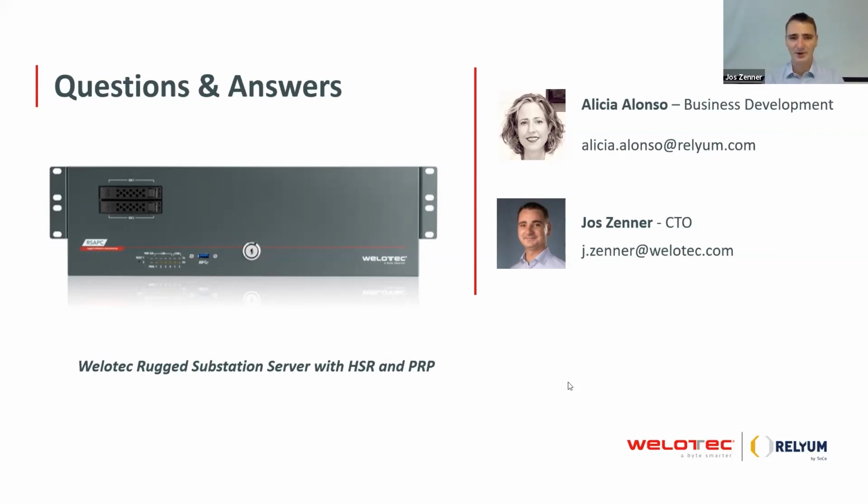Okay, one more. Is it possible to use one physical switch in the PRP network, just dividing it into 2 virtual ones for A and B networks by using VLAN? No, the basis of PRP is to have completely separated networks. When I was talking about HSR, I said that redundancy has to avoid a single point of failure.